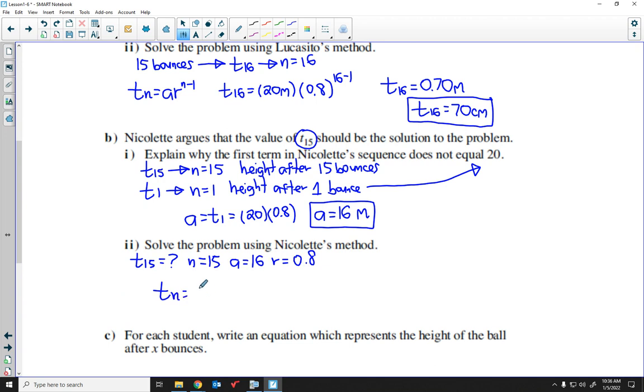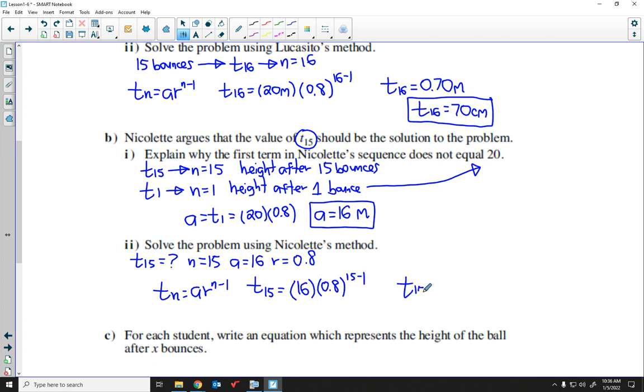T of n is equal to a r to the n minus 1. And we want to calculate T15. So this would be equal to 16. So again, that's the height after the first bounce. It's retained 80% of its original height. Multiply by r, which is 0.8. And then we're going to go 15 minus 1.